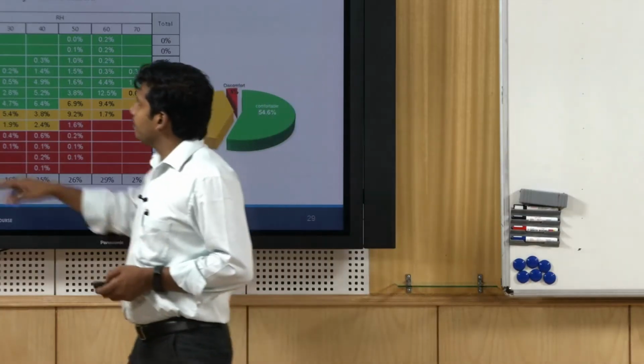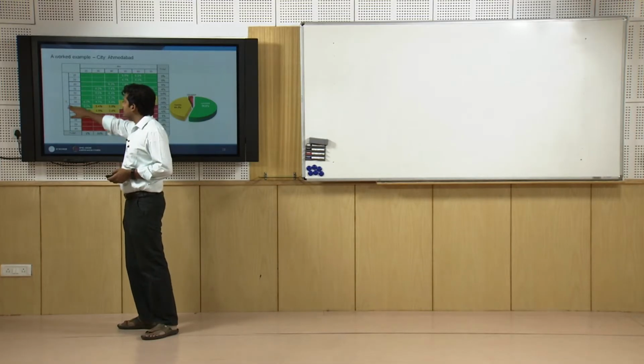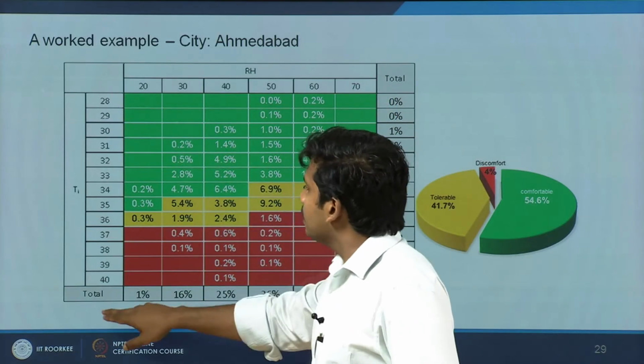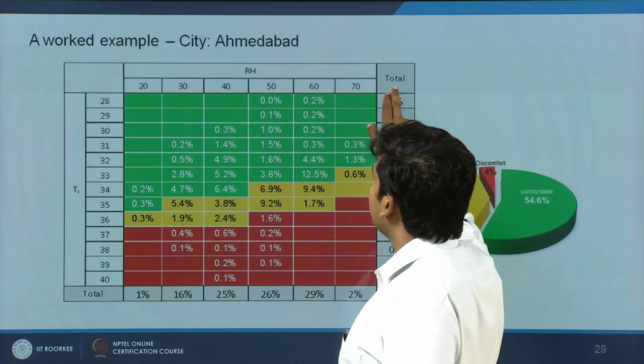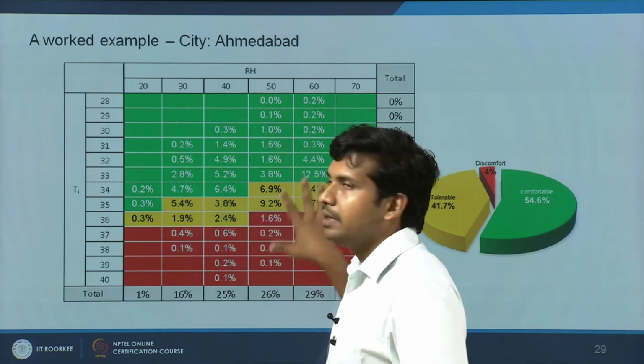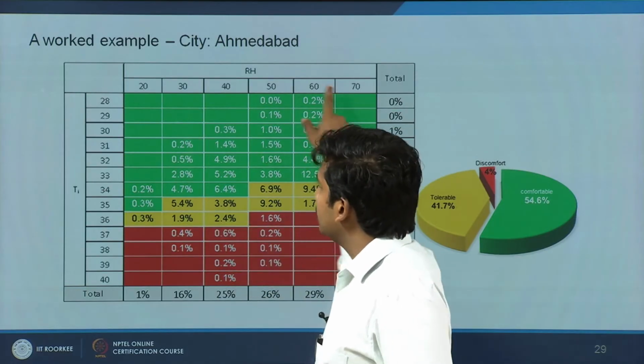Here we have taken the indoor temperature, in what we call crosstab statistics, a simple analysis. Temperatures are here, relative humidity here, and each percentage represents how much of the data falls within that combination.